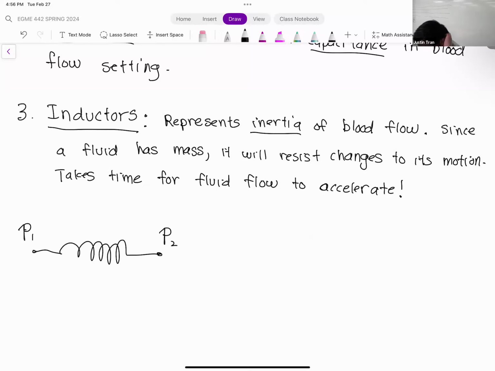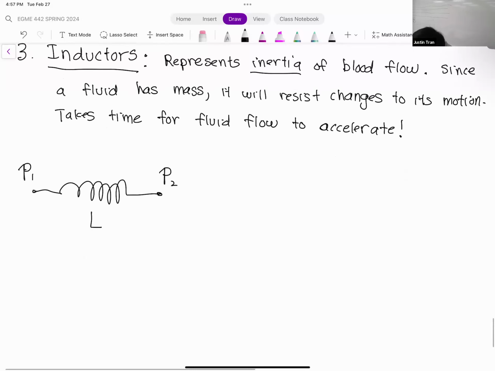I'm just going to jump straight to the fluid mechanics equation here, because I want to make sure I get through this today. If we have an inductor exposed to a pressure difference P1, P2, and our inductor has a value L, if P1 is greater than P2, so we have a pressure difference in our blood vessel, this is going to accelerate flow from left to right.